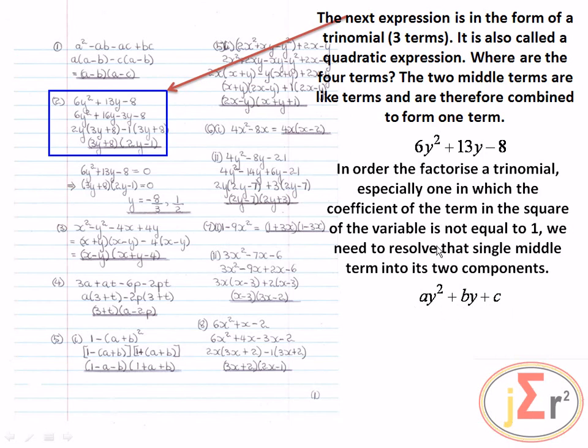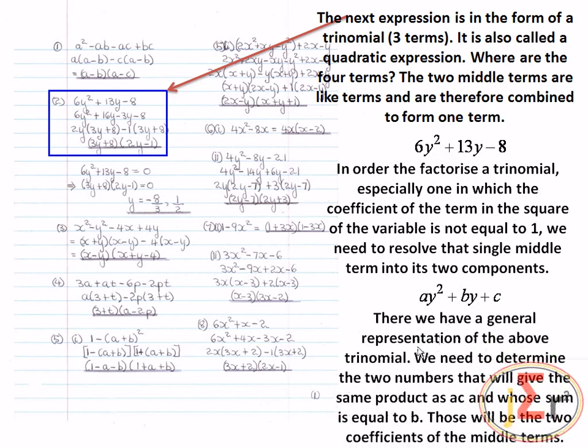Now we are saying, because it is a quadratic or trinomial in y, we are saying ay squared plus by plus c. There we have a general representation of the above trinomial. We need to determine the 2 numbers that will give the same product as AC, and whose sum is B. Those will be the 2 coefficients of the middle terms.